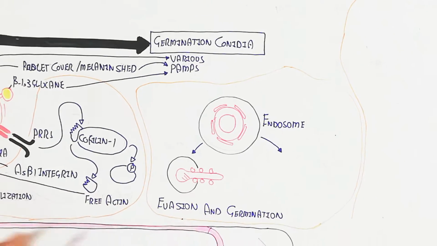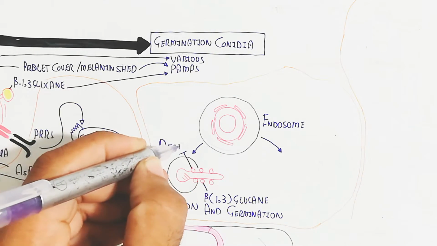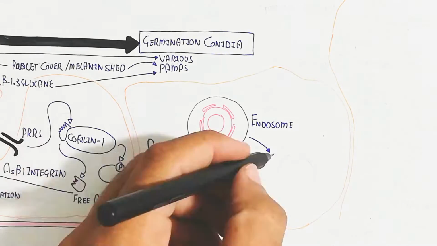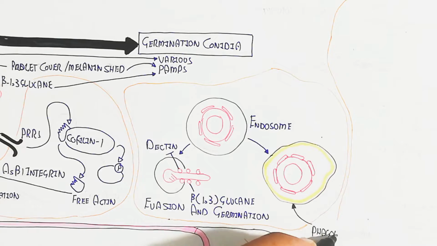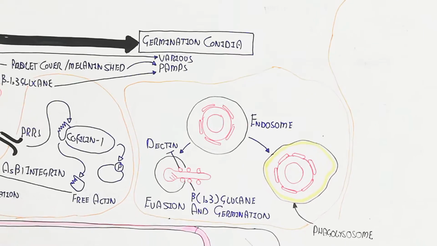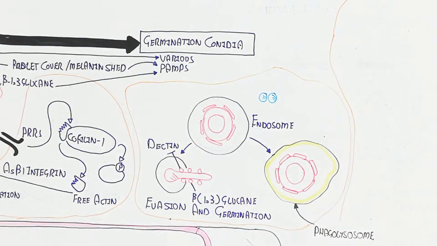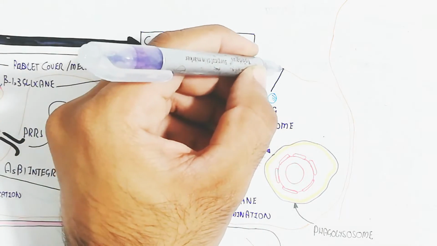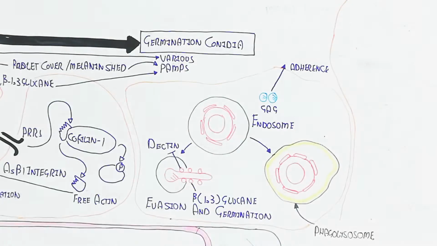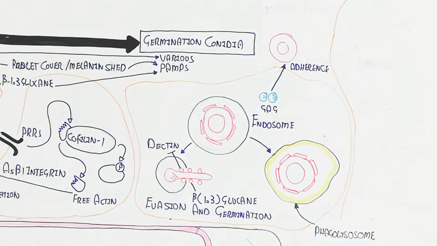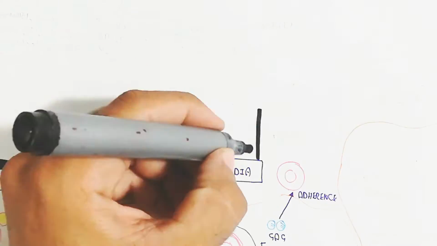The germination, which contains beta-1,3 glucan, either goes into evasion and germination, or into the phagolysosome. The phagolysosome is very important, as it will clear the pathogenicity, while the glycosaminoglycan will lead to adherence of these spores.